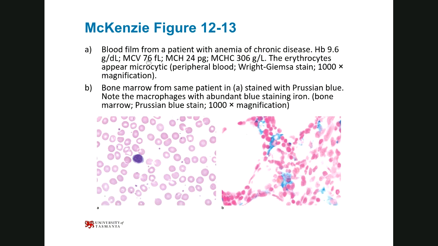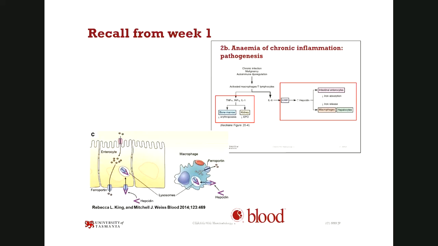And what you can see is a bone marrow, showing these bone marrow macrophages. They've got a lot of hemosiderin in them because iron has been bound into the cells and degraded. So there is an increase in hepcidin production due to the inflammatory cytokines release.